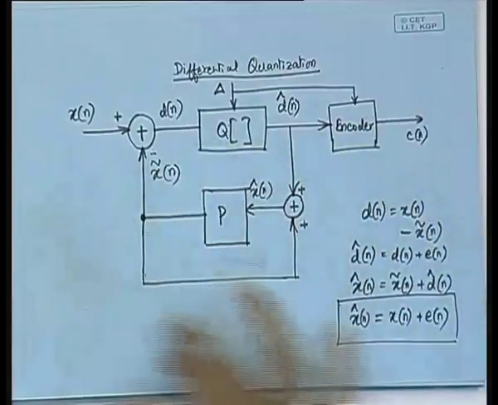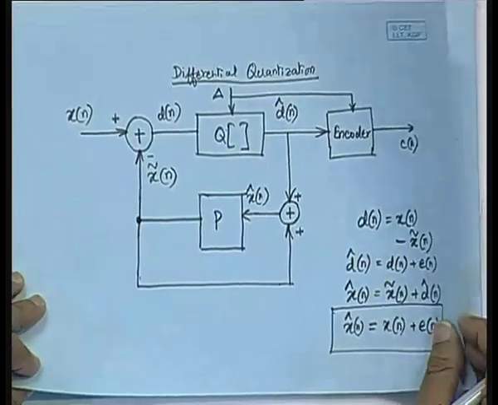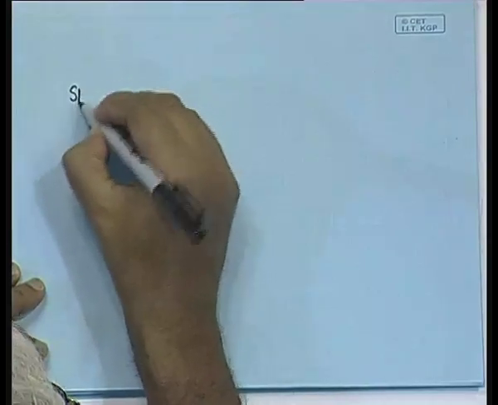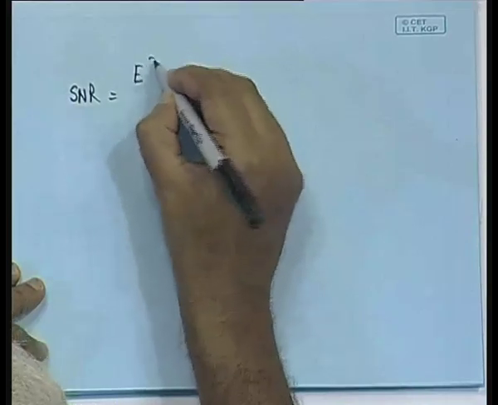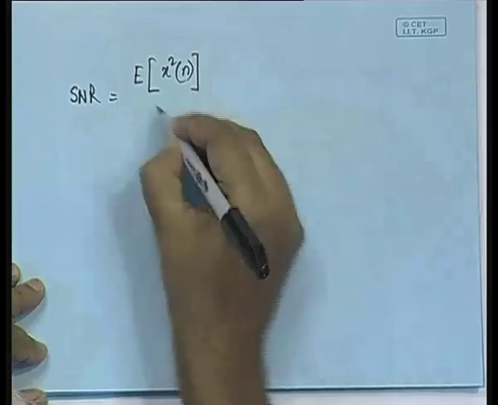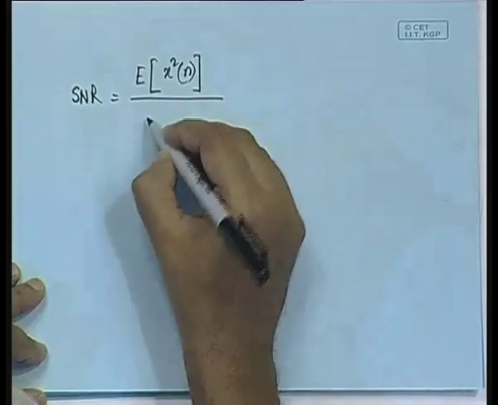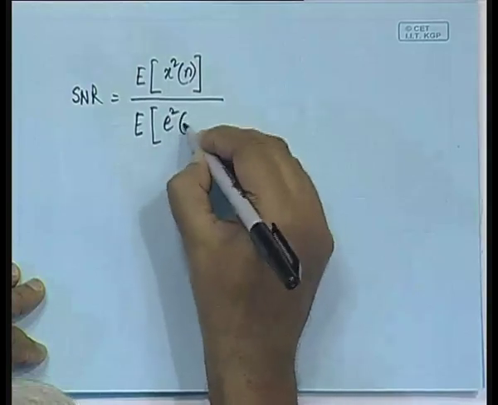Now, in a generalized differential quantization scheme like this, one can write down the signal to noise ratio expression in the following way. The signal to noise ratio is the expectation of x square n, which is nothing but the signal power, divided by the noise power, which is the expectation of e square n.